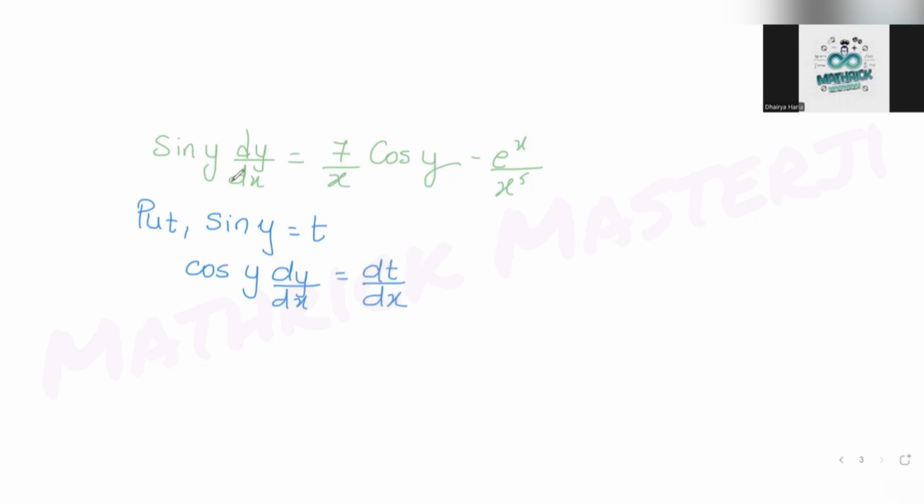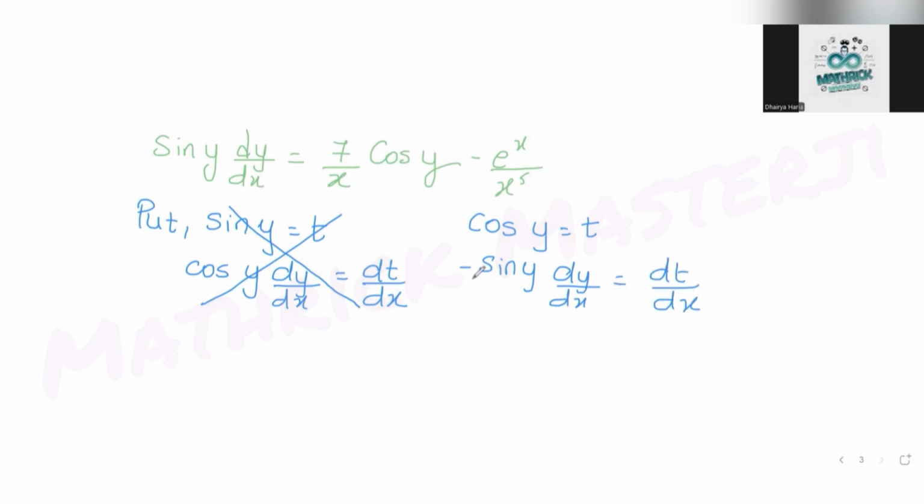But I have sin y with dy/dx, not cos y with dy/dx, so we should not substitute sin y as t. We should do the opposite. Let's put cos y as t. Then minus sin y dy/dx is basically dt/dx.